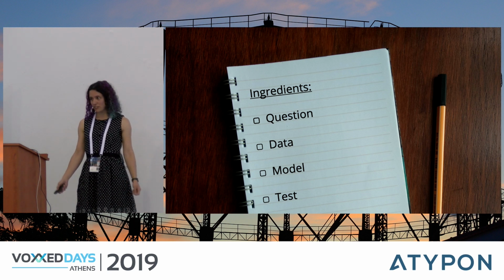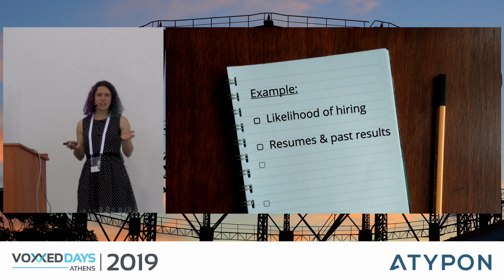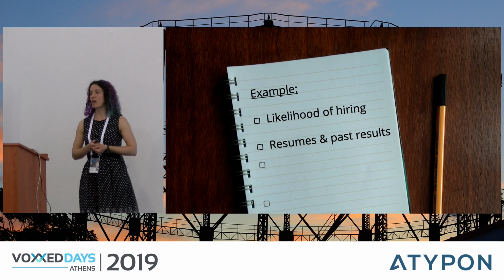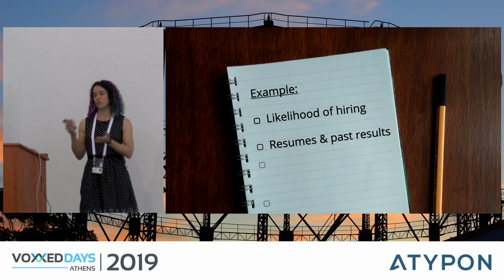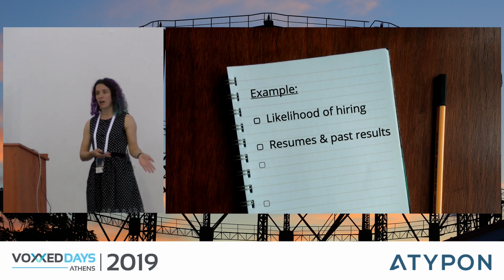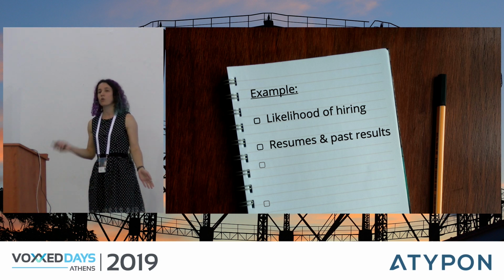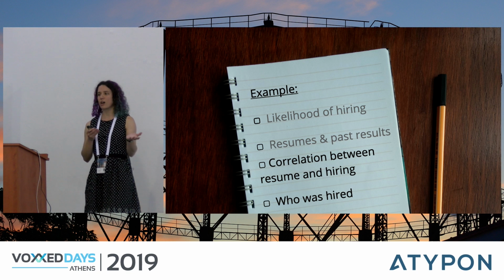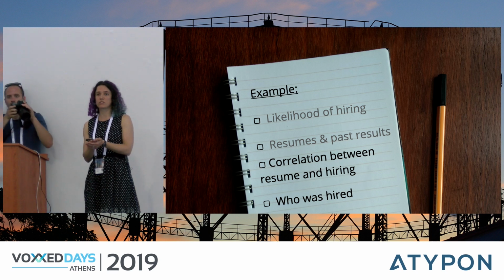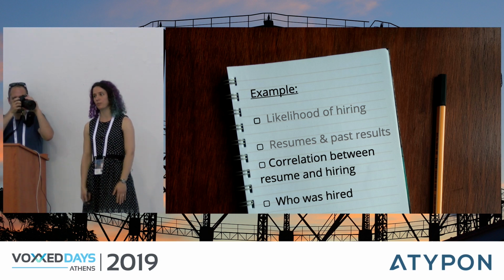To give an example of each of these, let's say we had a question of which candidates should we be hiring? And we had some data relating to resumes and the performance, the outcomes of different hiring decisions from the past. We could then make some kind of inferences based on those outcomes and try to generate a model that would help us to decide which candidates to interview.